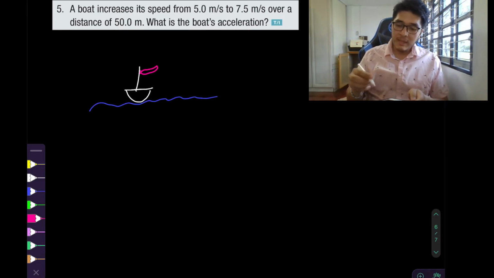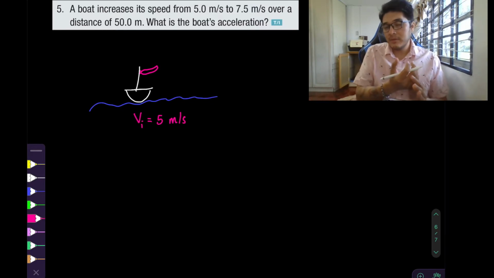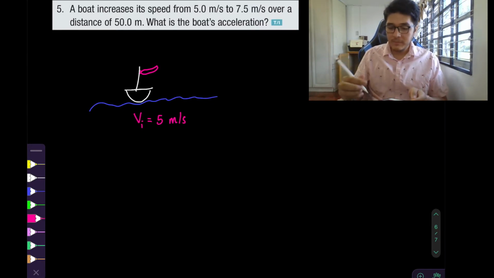So a boat increases its speed from 5 meters per second. And because they don't give us a direction, this is where you have to assume directions. So you're going to assume that the boat moves to the right. You could have been correct by assuming moving to the left, but usually, most of the time, it's better to assume it moves to the right.